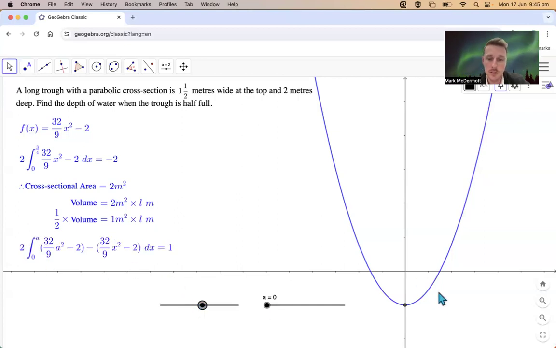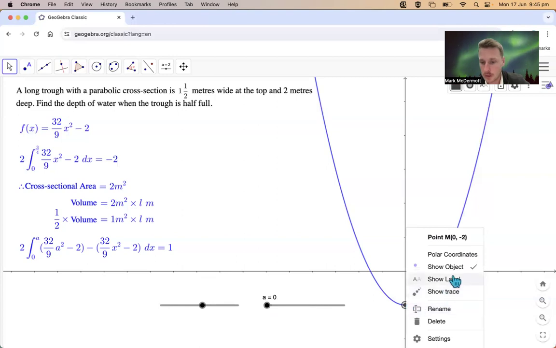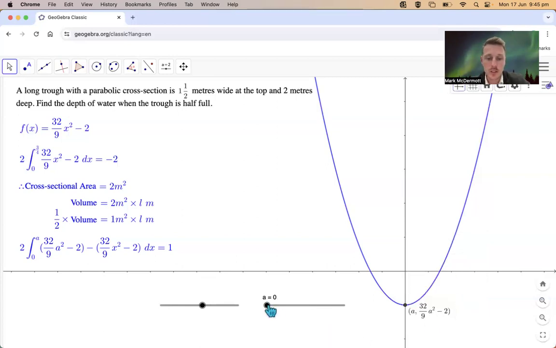And this looks a bit messy, but let's just take an aside over here and have a think. If we've got some point A that is along here, if I put the A value at some point, there's going to give us a cross-sectional area equal to 1. Right? So there's some value of A that's going to give us a cross-sectional area equal to 1.